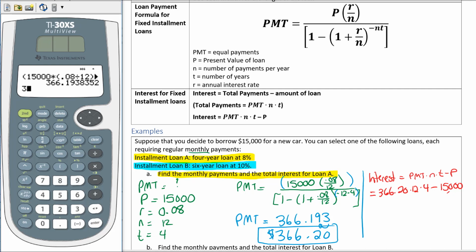So 366.20 times 12 times 4 minus 15,000. No extra parentheses needed here. And this gives me the interest, $2,577.60.